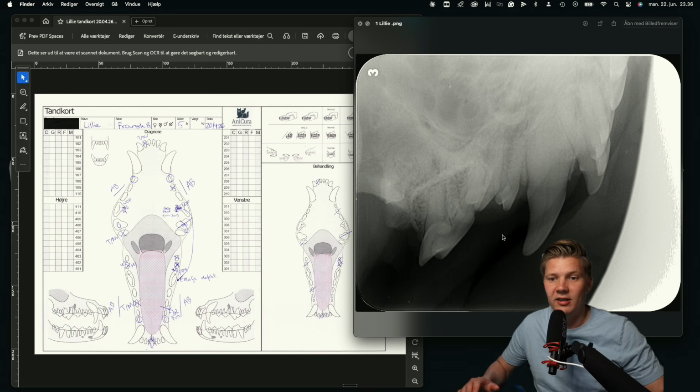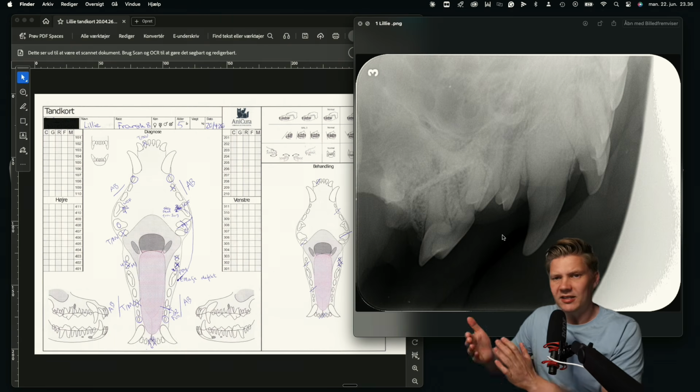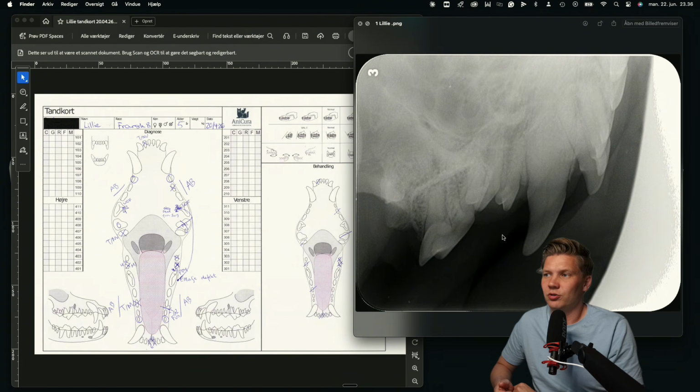They are crowded and they are rotated and malpositioned. So you have to take several angles in order to see what you're going to see. And oftentimes I rely more on the clinical examination than on the x-ray alone, just because there's so much superimposing of structures, you cannot see it clearly.